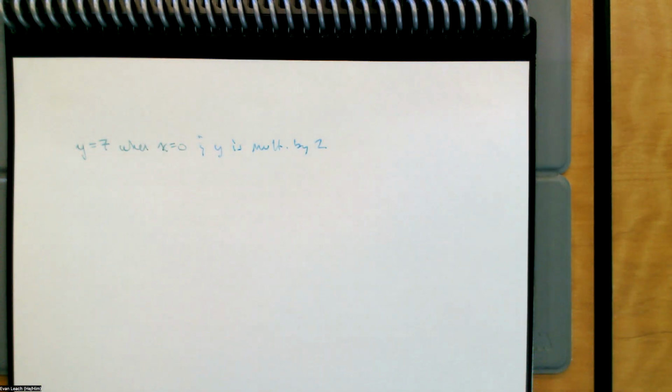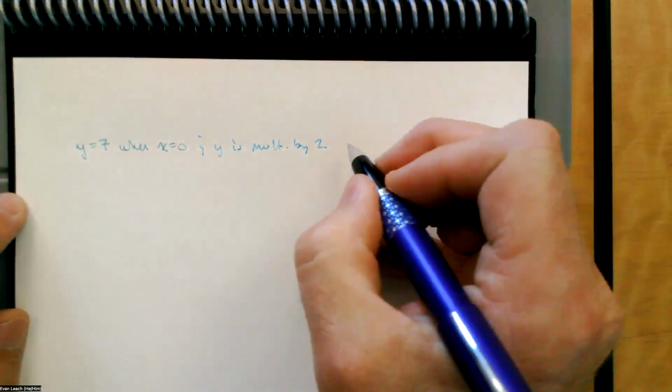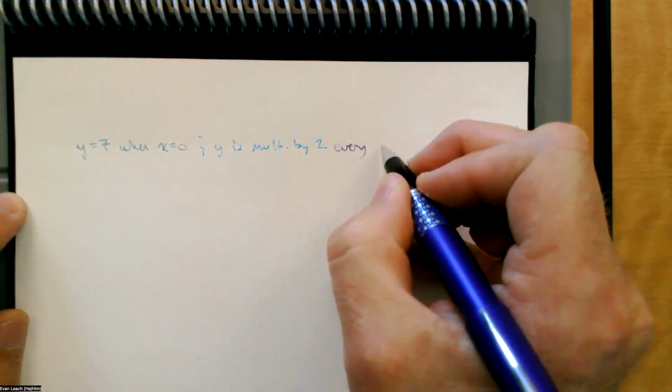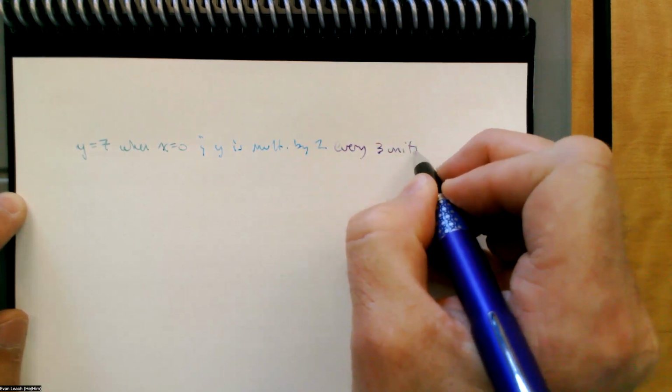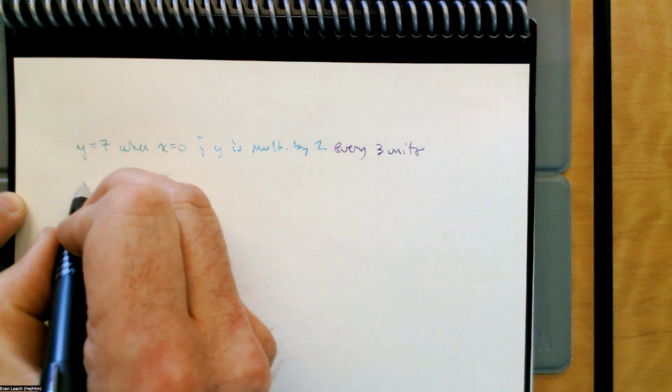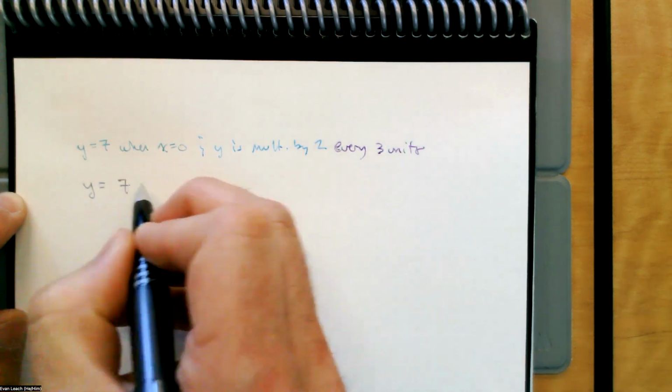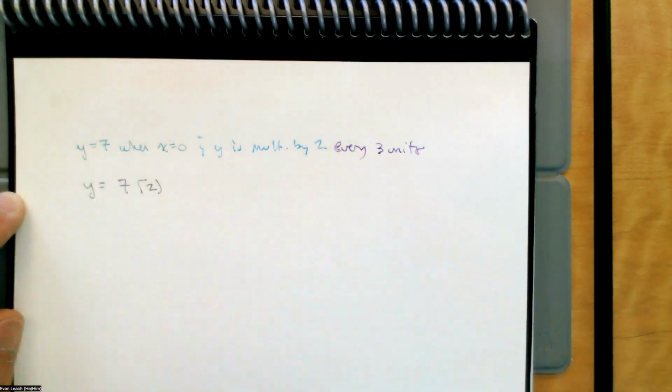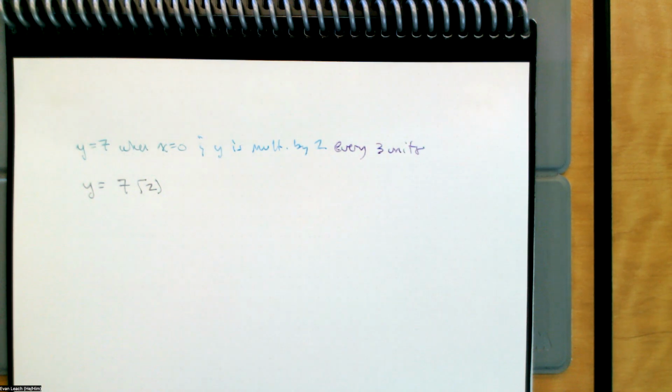I want to stretch it out and make it take 3 units. Then I can write the function y is equal to 7. I'm going to multiply by 2, but the exponent is going to count the number of times I multiply by 2. So the exponent is where we're going to be dividing by 3.